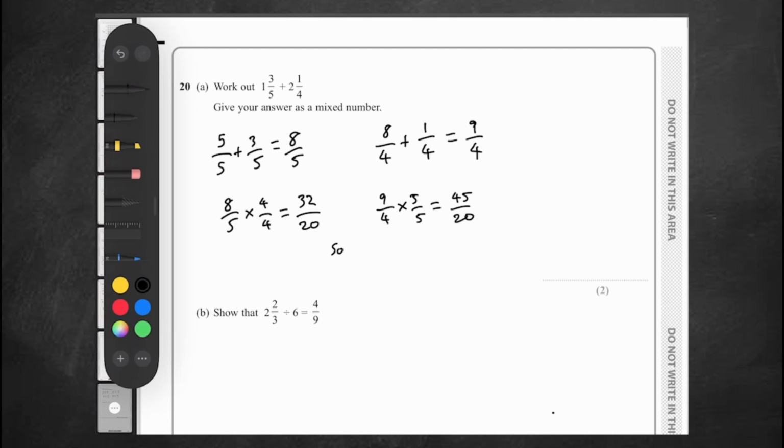So 1 3/5 plus 2 1/4 equals 32 over 20 plus 45 over 20, which equals 77 over 20. But the question wants the answer as a mixed number, which is going to be 3 and 17 over 20.